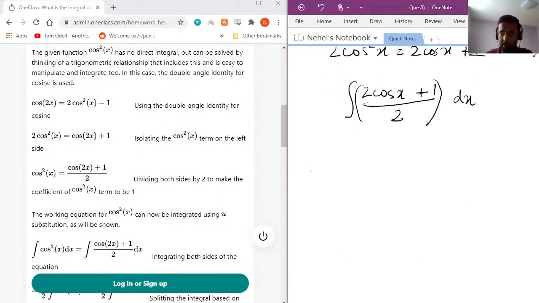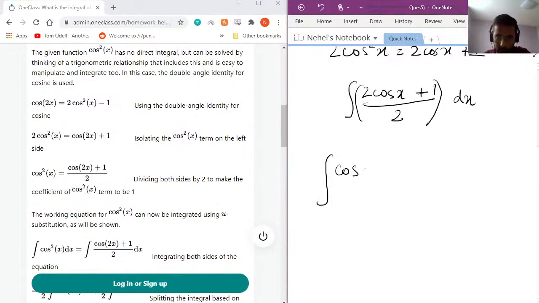Now, since it's being whole divided by 2, I can go ahead and split it further. So this will become cos x plus, okay, my apologies, I made a slight error here. So this is actually cos 2x. So let me change this.